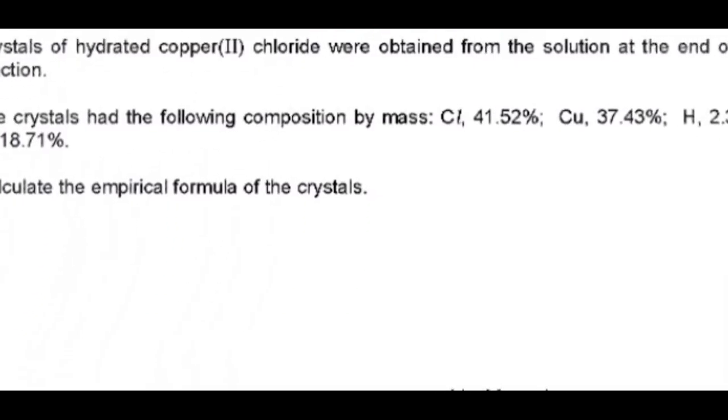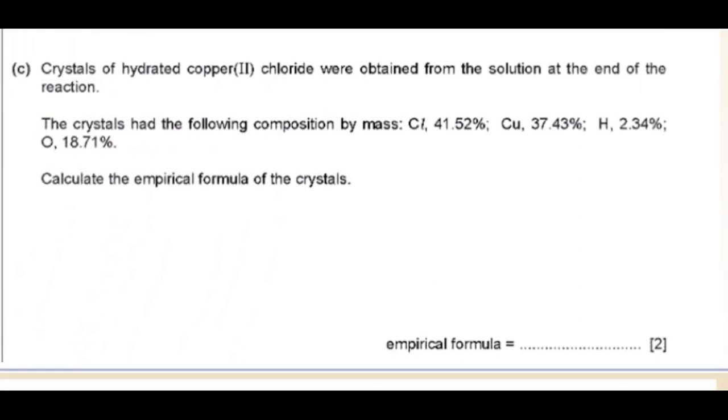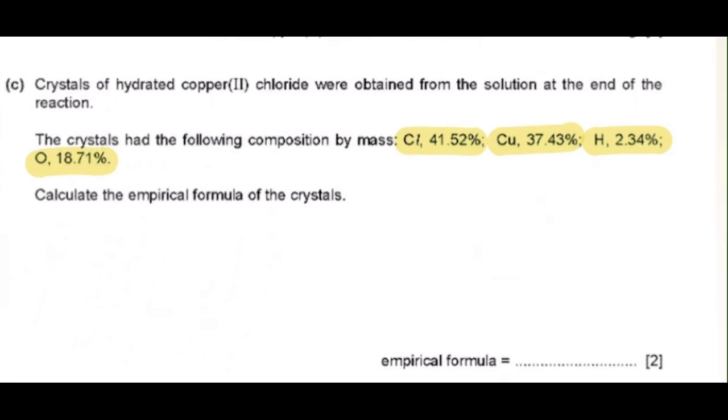Okay, next part. Crystals of hydrated copper chloride were obtained from the solution at the end of the reaction. The crystals had the following composition by mass: 41.52% of chlorine, 37.43% of copper, 2.34% of hydrogen, and 18.71% of oxygen. Calculate the empirical formula. So it's got chlorine, copper, hydrogen, and oxygen in it.